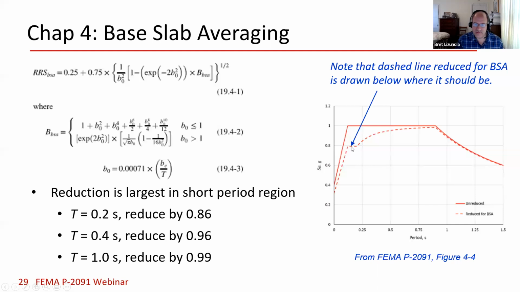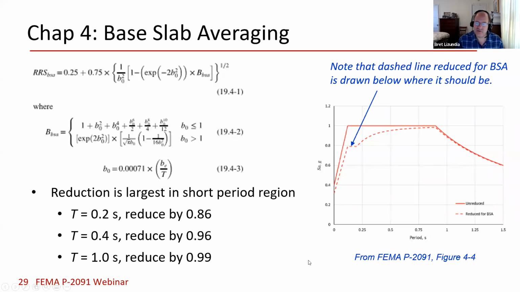You can't go below the reduction from 0.2, but in this case there's a 15% reduction if you had a really stiff building. But if you had a really tall building at 2 seconds, this is not going to matter.